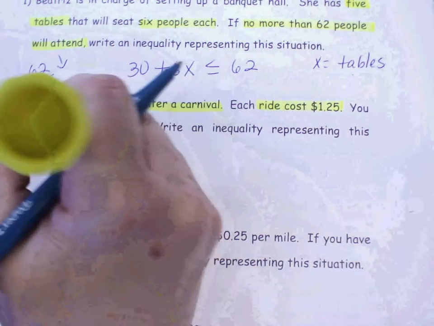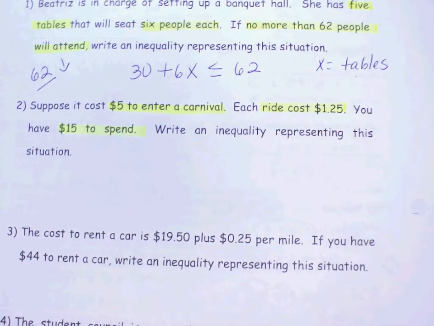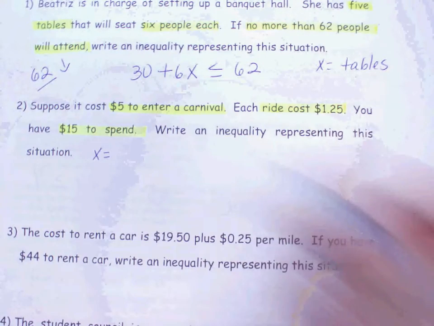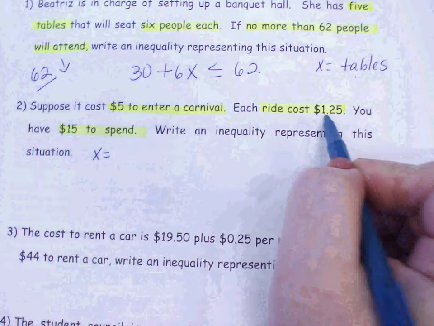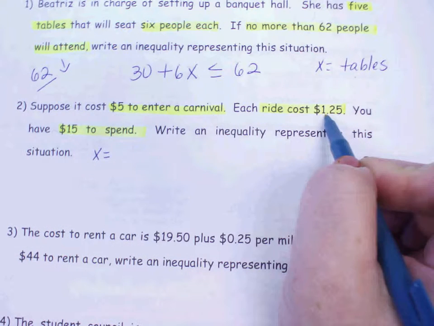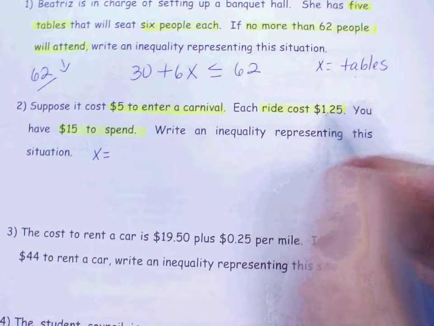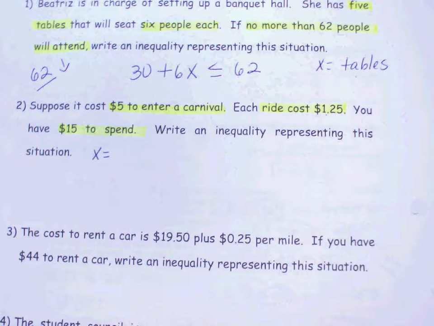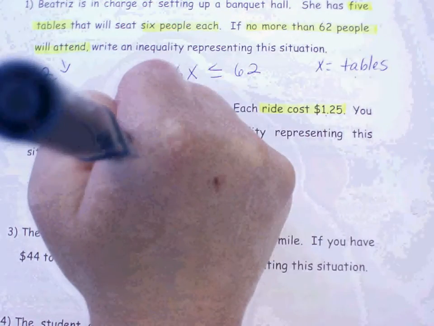Suppose it costs $5 to enter a carnival. Each ride is $1.25. You have $15 to spend. Write an inequality representing this situation. What is x? The tickets to ride, not to go inside, but to ride the rides.